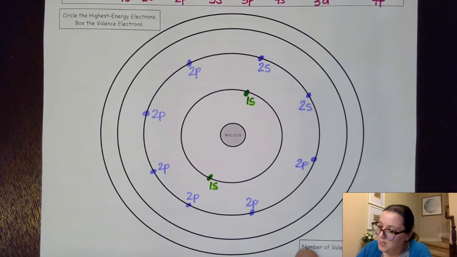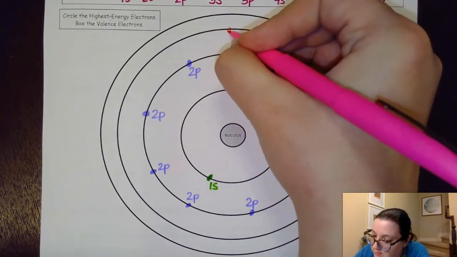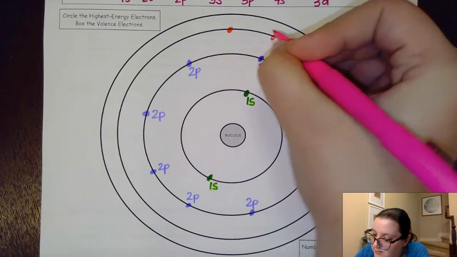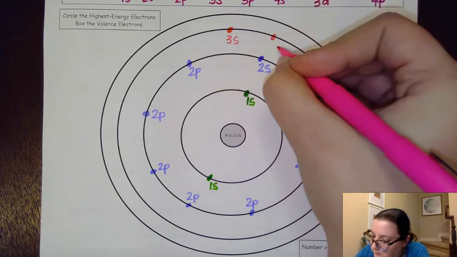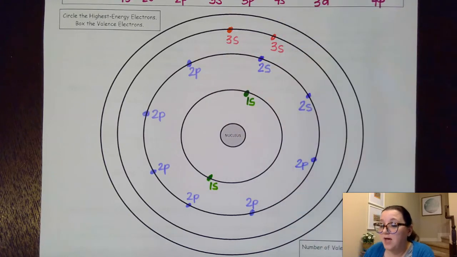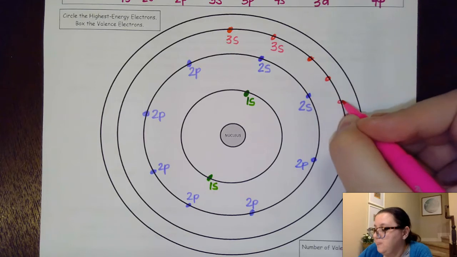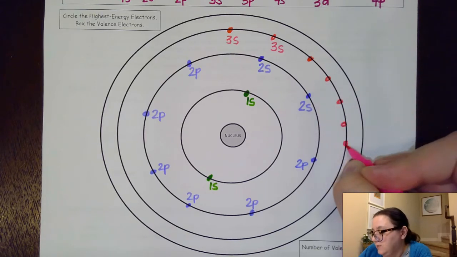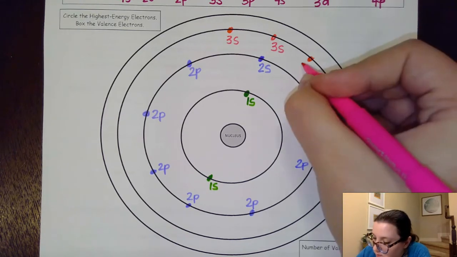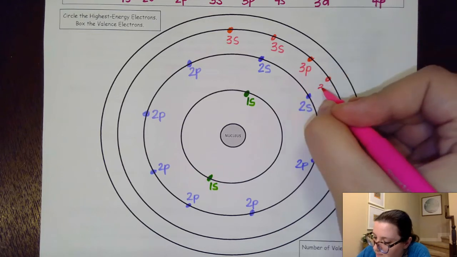So we have to have our 2 electrons that are 3s. We have to have our 6 electrons that are 3p. 1, 2, 3, 4, 5, 6. So these are all 3p.